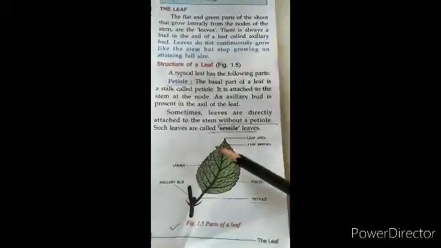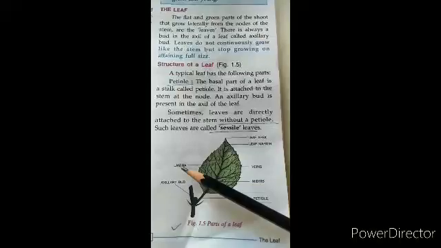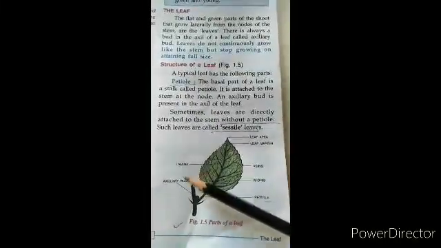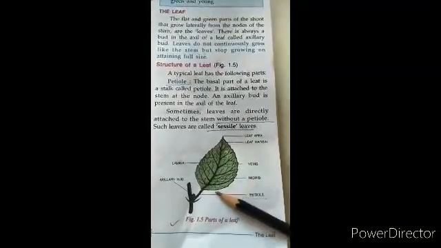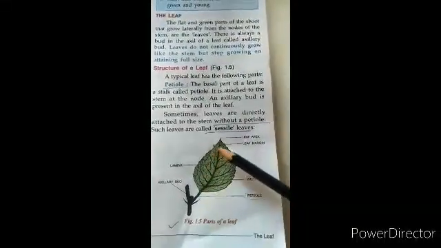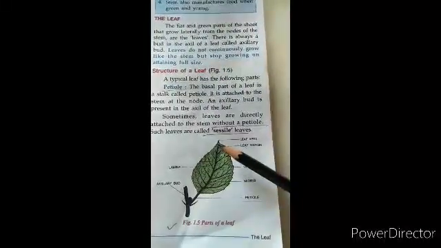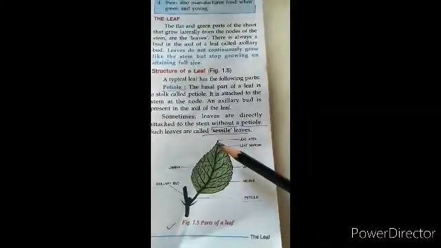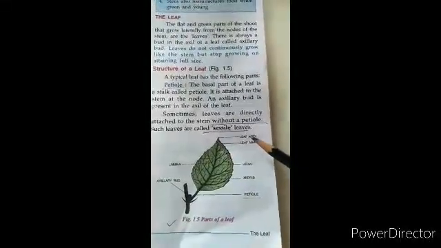Now when we look at the flat surface of the leaf, we call it the lamina or the leaf blade. And the edge of the leaf, we call it the leaf margin. And the end of the leaf or the tip of the leaf, we call it the leaf apex.